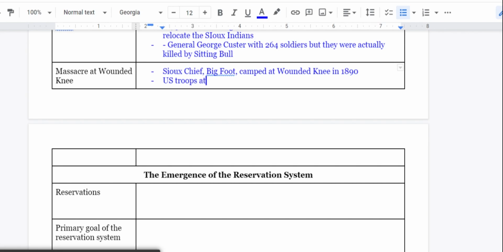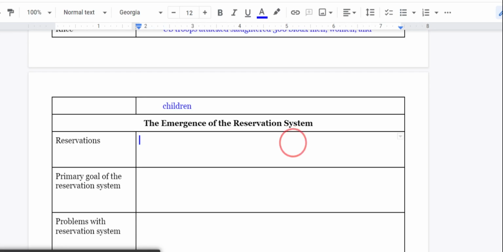U.S. troops attacked the chief and his people and slaughtered 300 Sioux men, women, and children. So all of this fighting leads to this emergence of the reservation system.